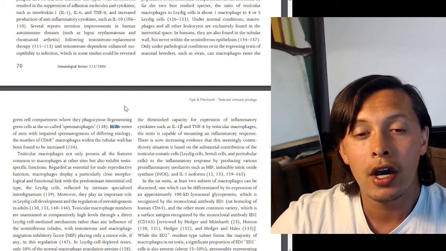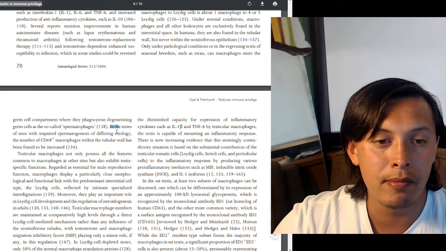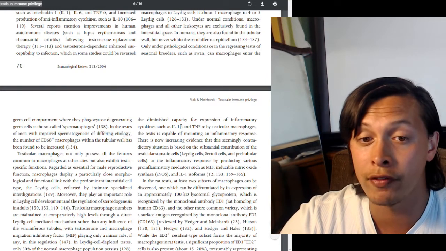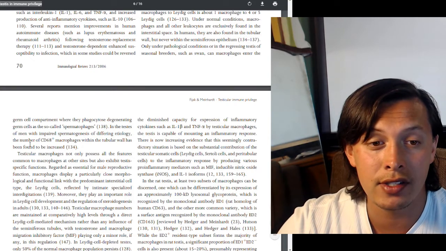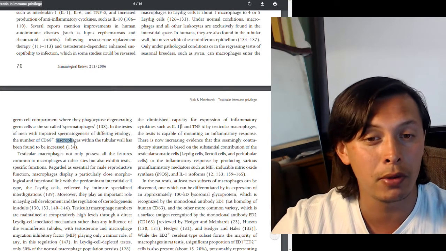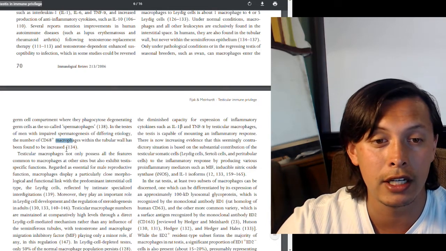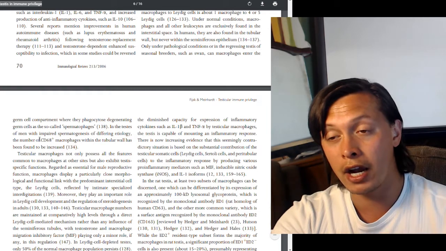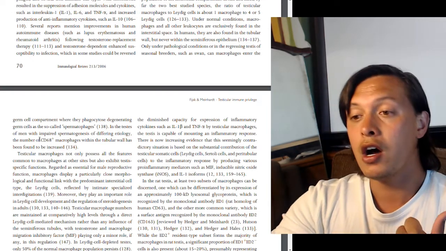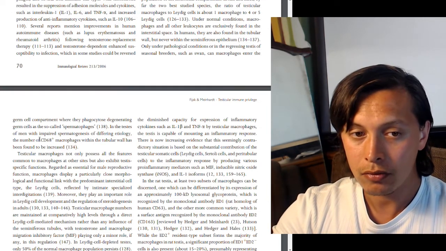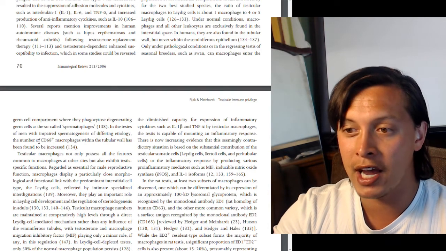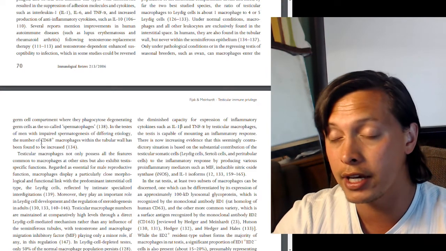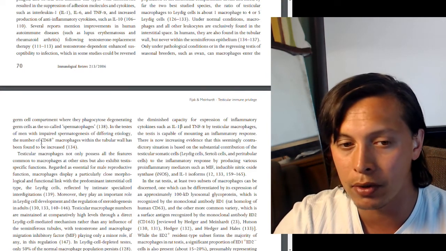So in the testes of men with impaired spermatogenesis of differing etiology, or different causes, the number of CD68 positive macrophages within the tubular wall has been found to be increased. So they're saying in men with impaired sperm production, you can see a specific type of macrophage entering into the seminiferous tubules.